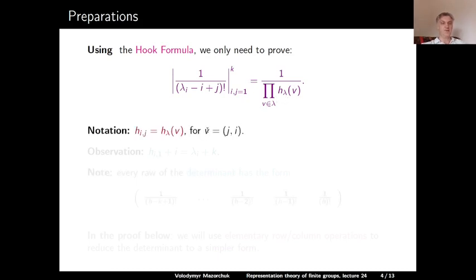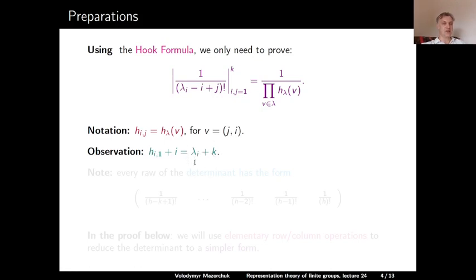For a box V in the j-th column and in the i-th row, we denote by h_ij the length of the hook for V. Note that for any i, h_i1 plus i is equal to lambda i plus k.